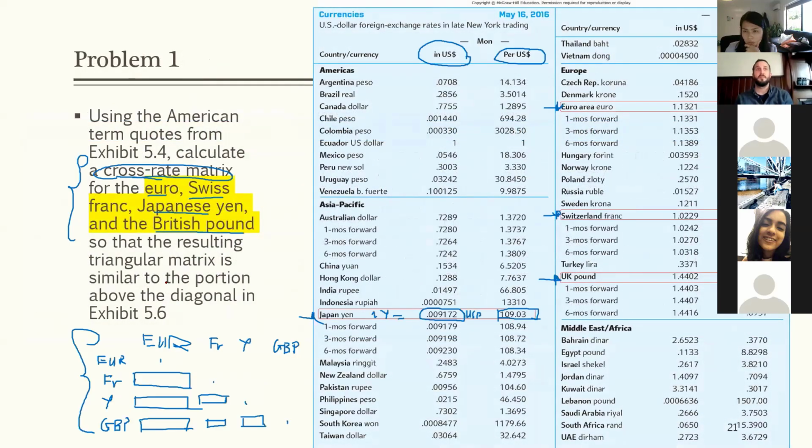I need the per USD value for the yen, so here I'm looking at the per USD column. 109.03. Exactly right. And for the euro, I'm looking at the in USD value. 1.1321. Exactly, spot on.